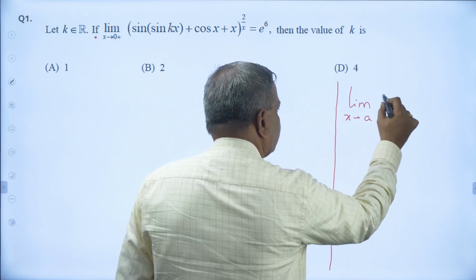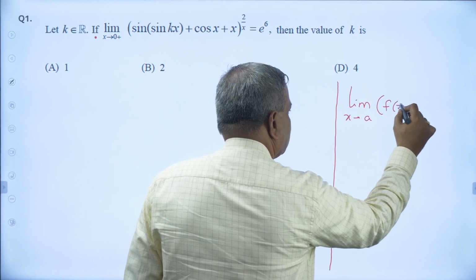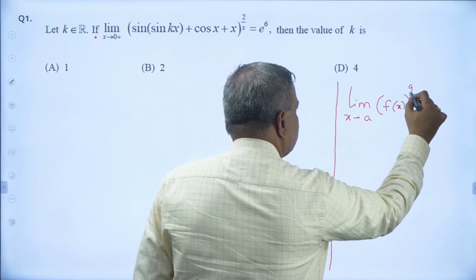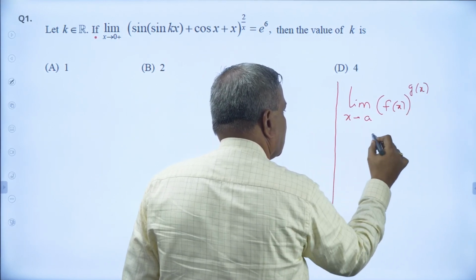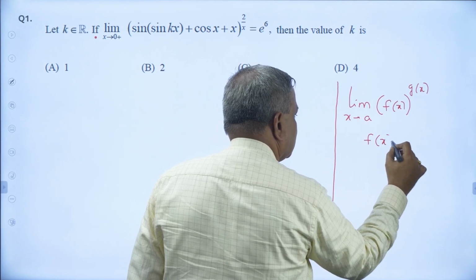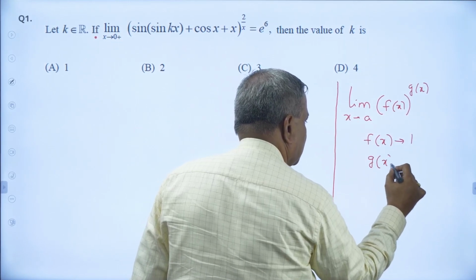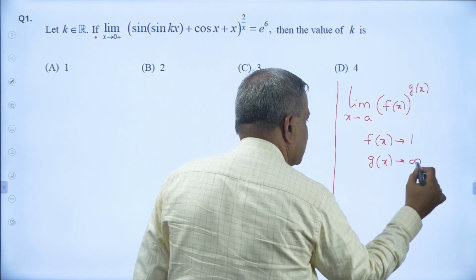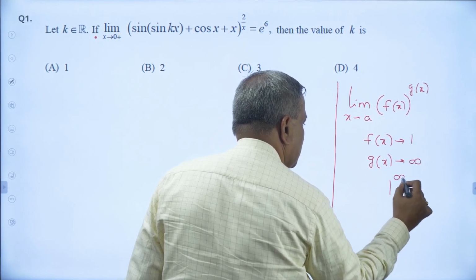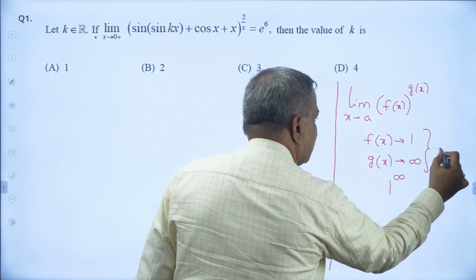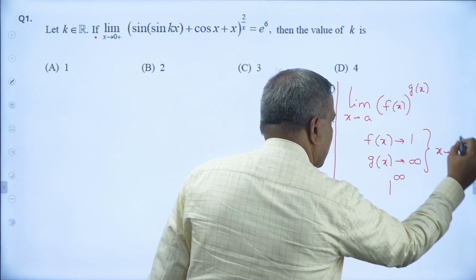Limit x tending to a of f of x whole to the power g of x. If f of x is tending to 1 and g of x is tending to infinity, then we say it is 1 to the power infinity, of course whenever x is tending to a.